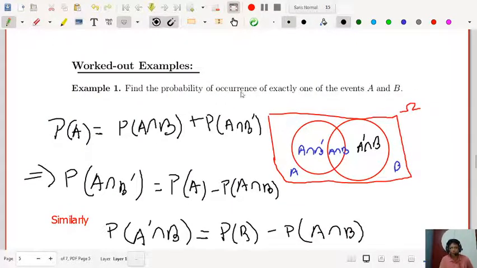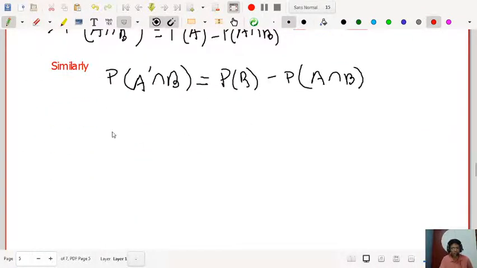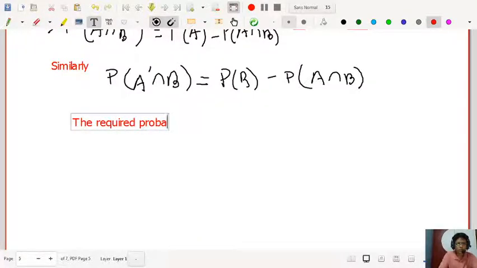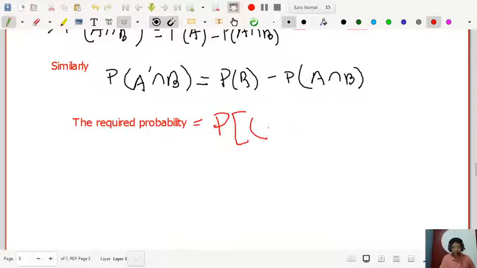Now, what do you want? Probability of occurrence of exactly one of the events A and B. So the required probability is equal to probability of A complement intersection B union A intersection B complement.